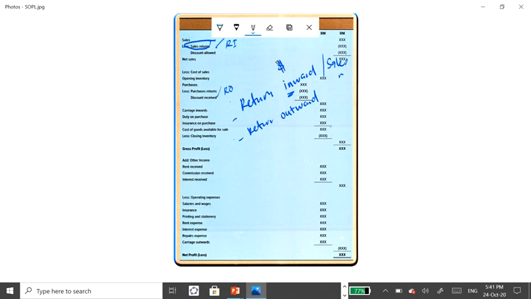Return inward tu akan ditolakkan di dalam sales. Kalau return outward, duit keluar. So bila duit keluar, kita beli, purchase lah maksudnya. Kita beli is referring to the purchase. So return outward is referring to the purchase return. Okay, you can tahu return inward and return outward. So we will refer page 44 lebih detail.